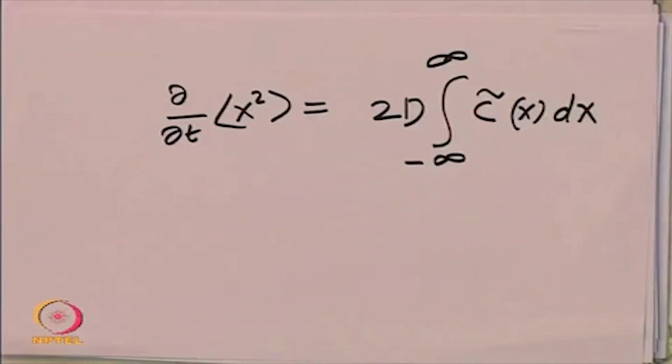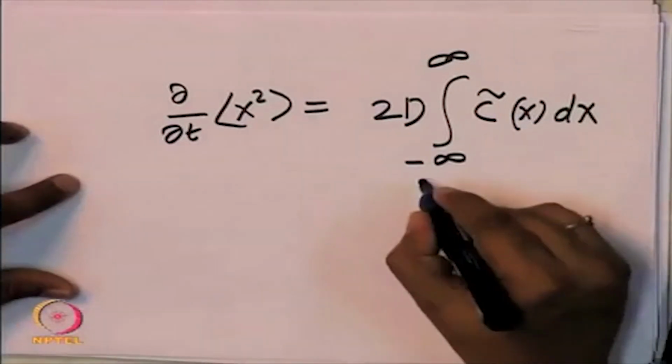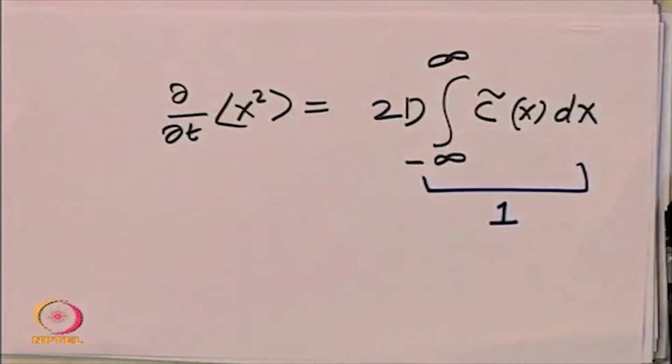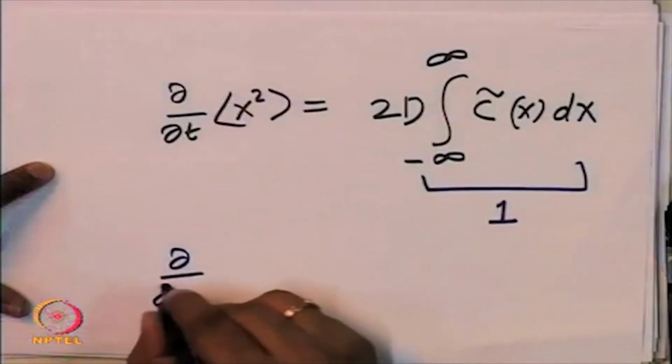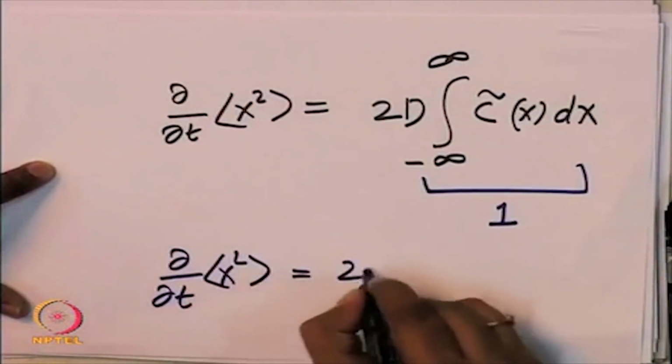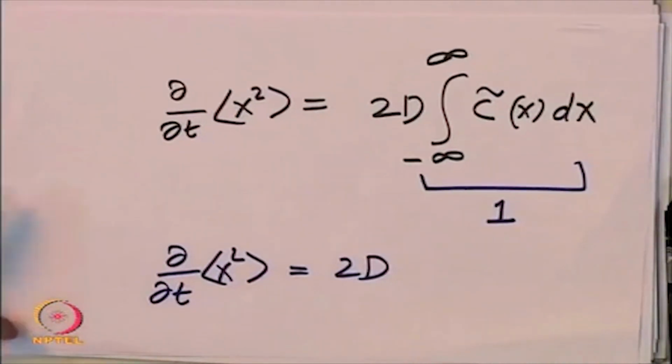At the beginning, we defined c tilde of x in such a way that integral c tilde of x dx is 1. So, now what we have, del by del t of x square average, is 2d.